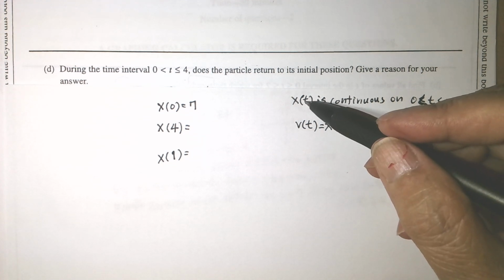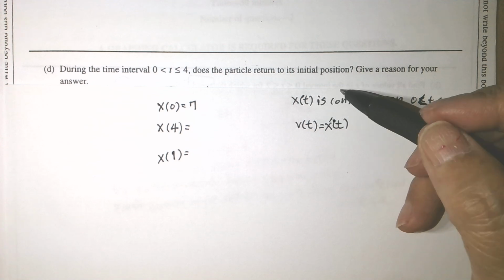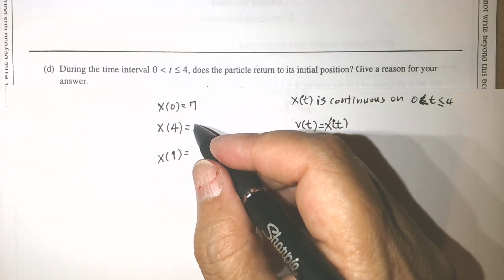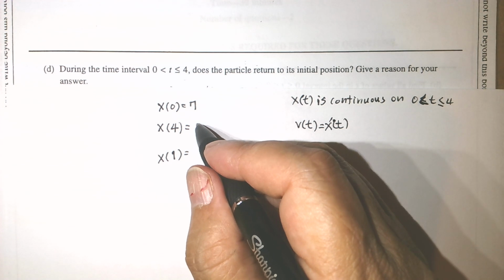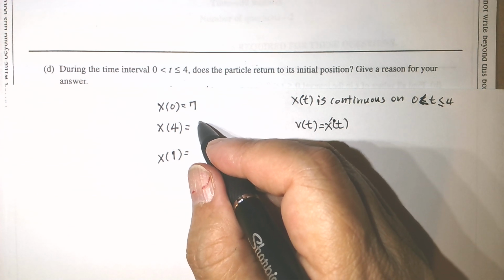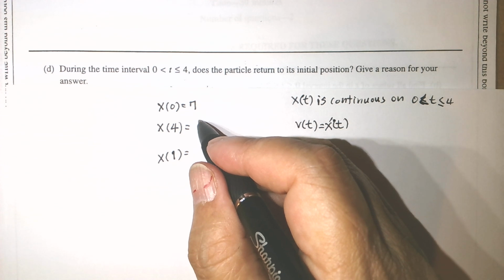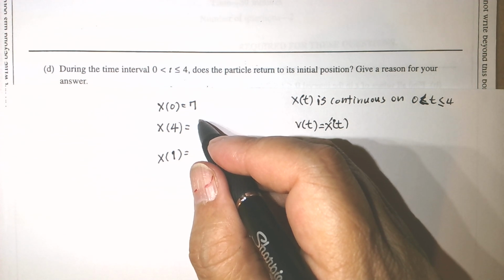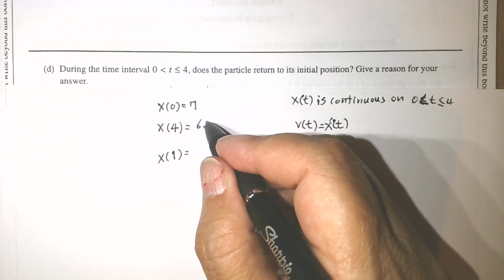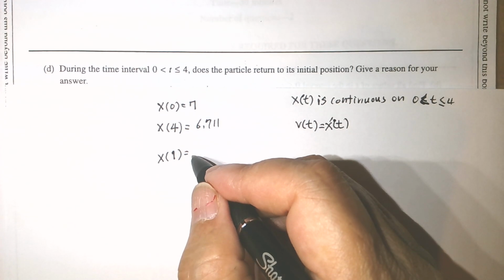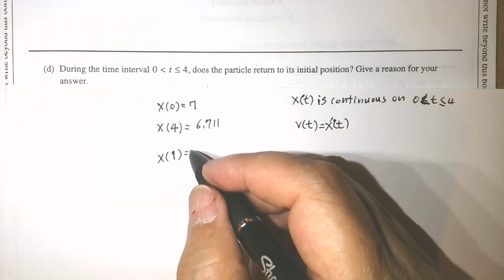Then the position x(t) is continuous. All right, so let's find x(4). x(4), we found from section C, is 6.711.